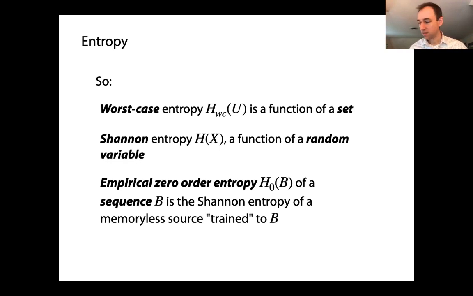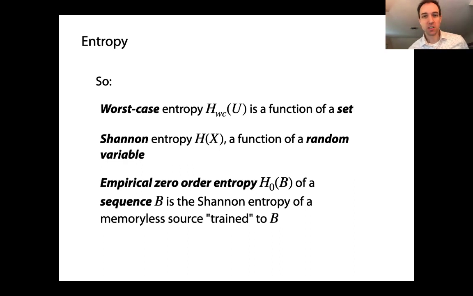Okay, so we've talked a lot about notions of entropy, and these notions of entropy will help us figure out how long our codes should be for encoding different symbols. But what should the codes be?